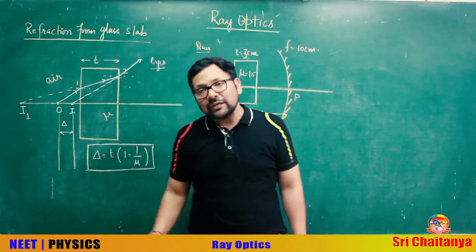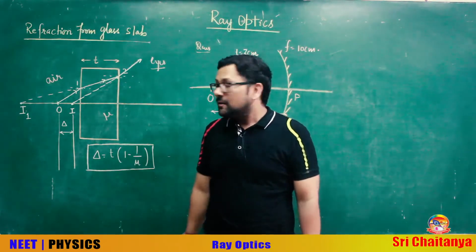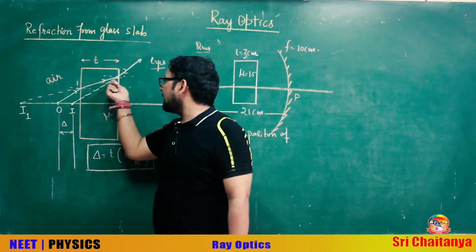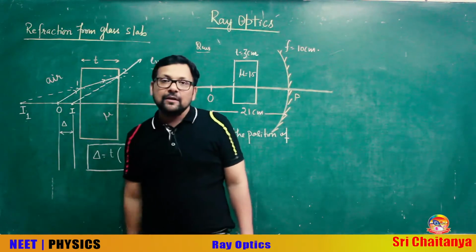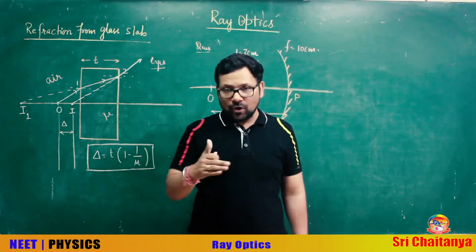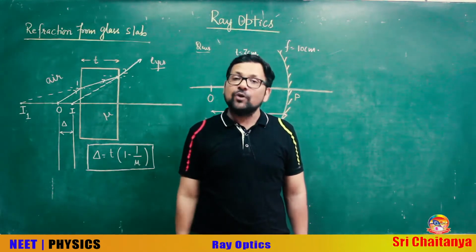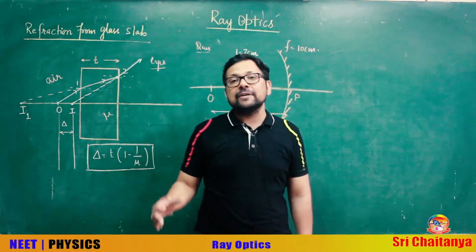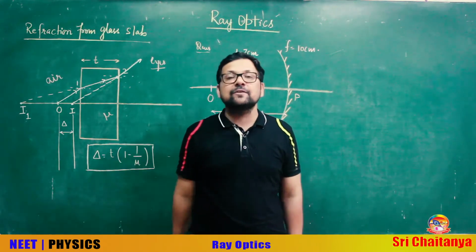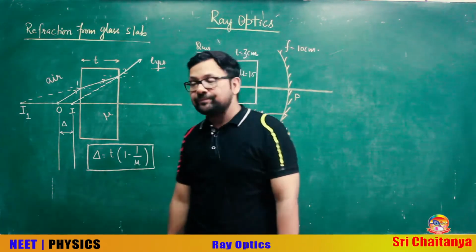You cannot say it is in the rarer medium, because this ray is in the denser medium, so the refractive index of I1 is mu, not air. So the refractive index of the object means the refractive index of the incident ray, and the refractive index of the image is the refractive index of the refracted ray.